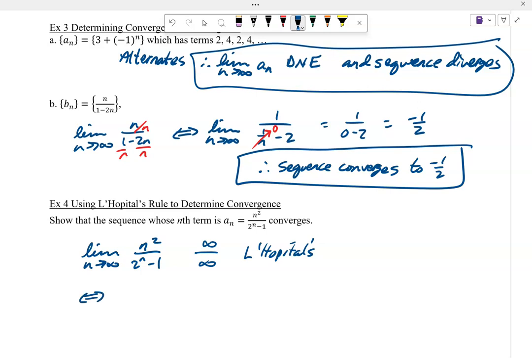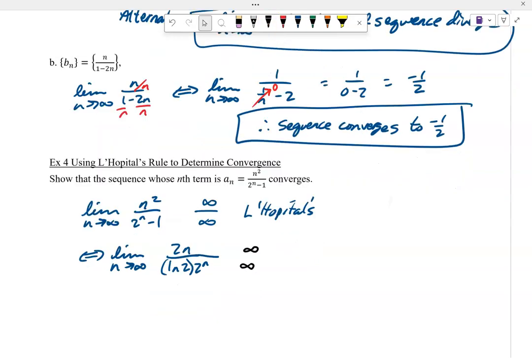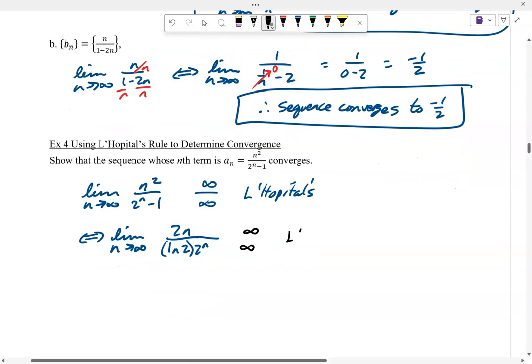So this is the same as the limit as n goes to infinity of the derivative of n squared, which is 2n, over the derivative of 2 to the n, which is ln 2 times 2 to the n, and then minus 0, right? Derivative of constant is 0. Well, notice if I let n go to infinity, see how we have infinity over infinity again? So let's go ahead and repeat it again. Good old L'Hopital's rule again.